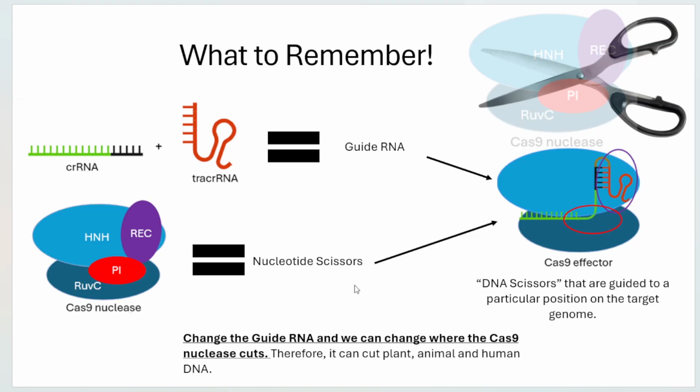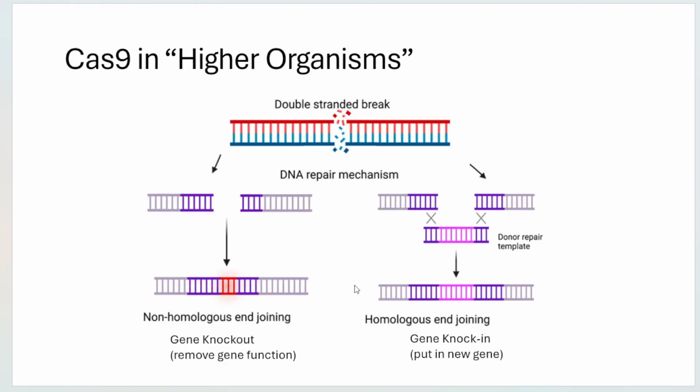Pretty fascinating. So now we get into the repair mechanisms once the double-stranded break has been made. Once the Cas9 nuclease has cut the DNA in, say, a higher organism such as a plant, a human, or an animal, we do have the ability to repair our DNA if it undergoes any kind of break, mismatch, potentially an indel.